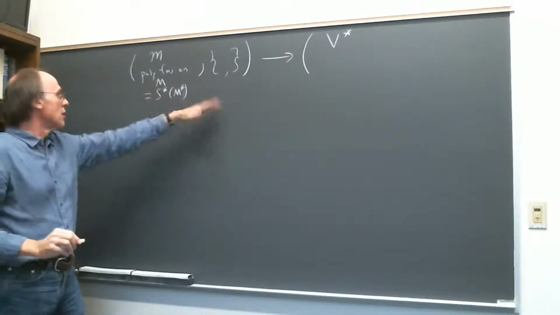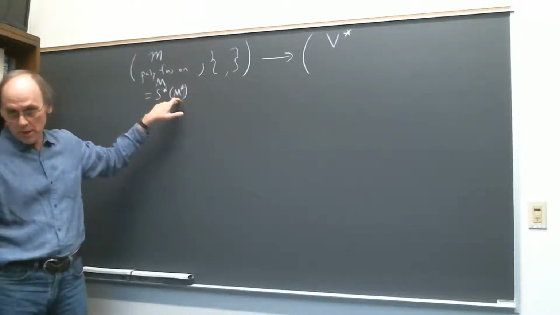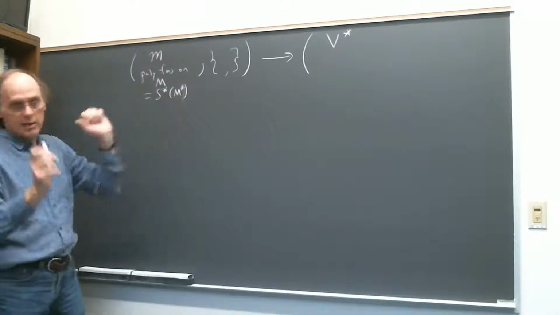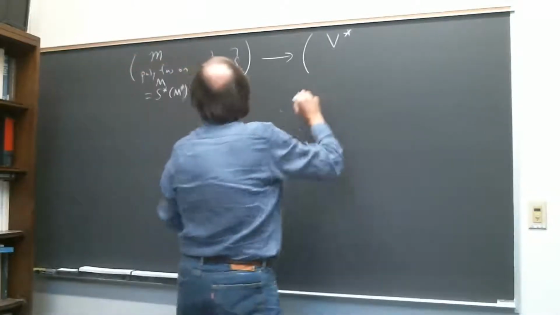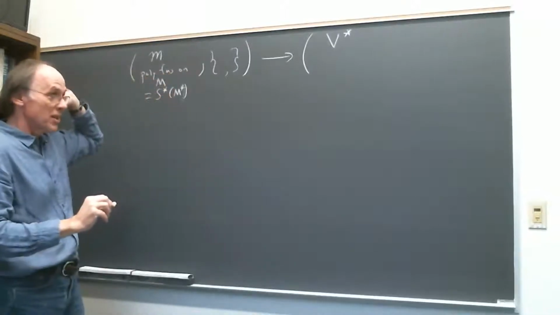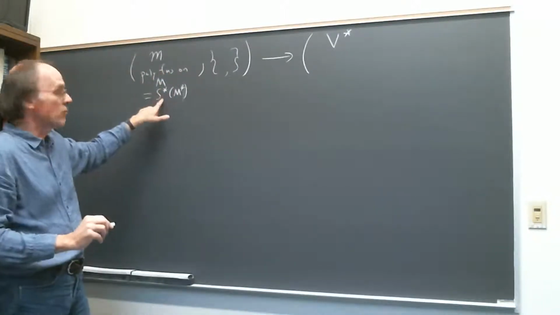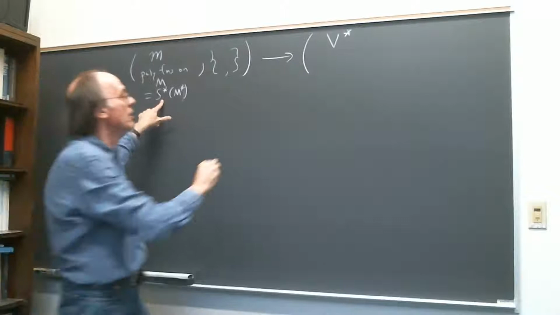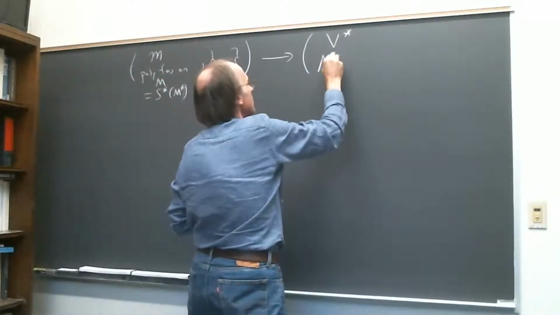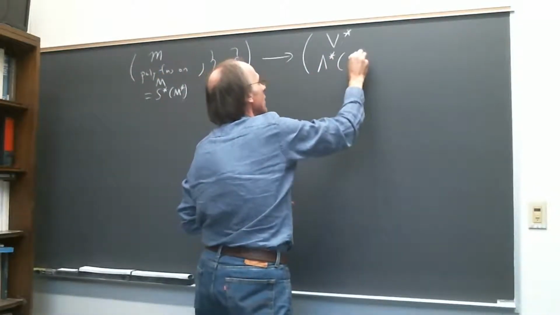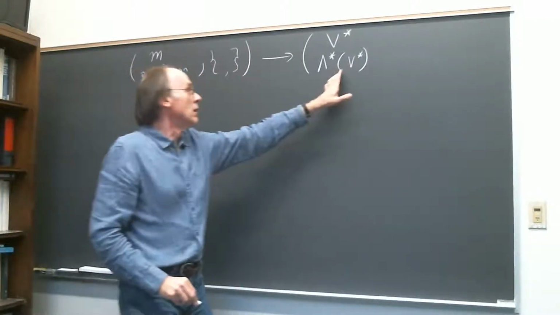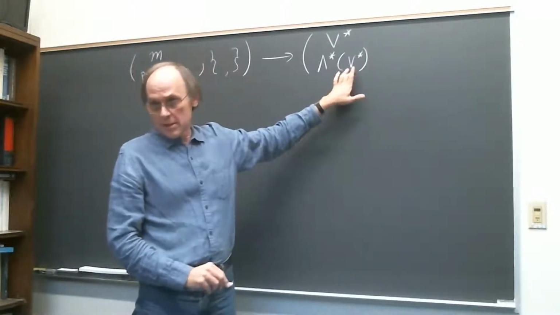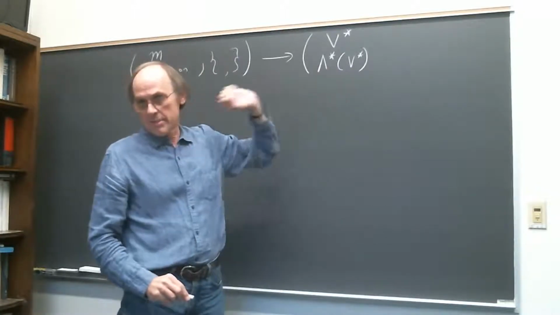It was all tensor products of M star, and then you take the things that are symmetric. Well, you do the same thing here. So the idea is that instead of the normal polynomials, you just replace symmetric by anti-symmetric. And you take the lambda star of E star. You take tensor products of these things, but then you take anti-symmetric things in there.